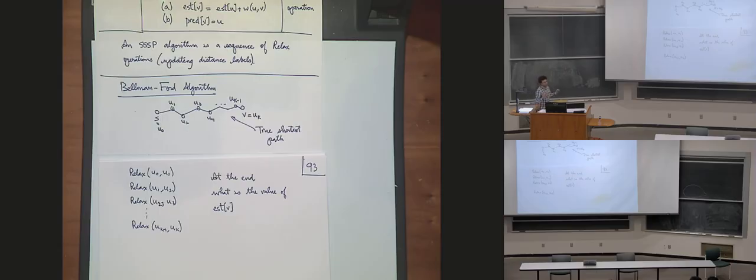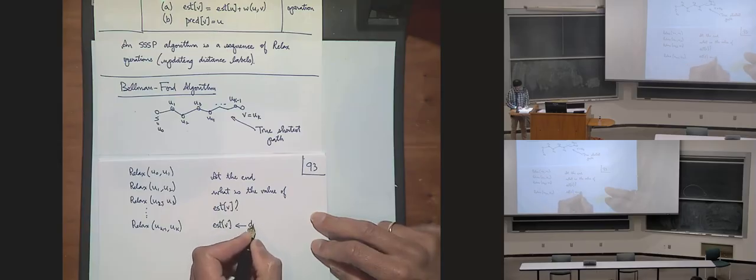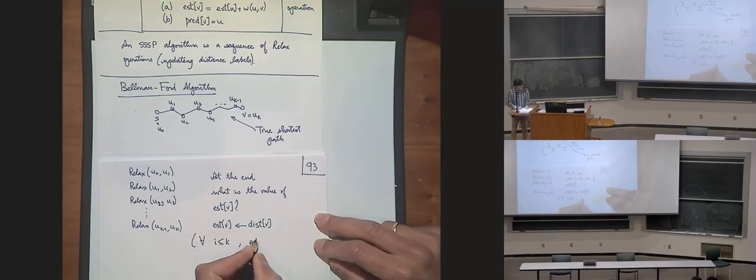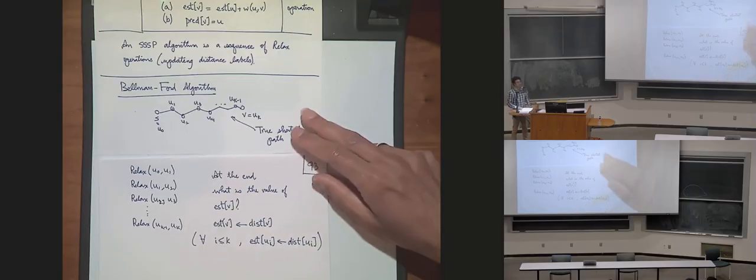So somehow if Bellman-Ford could actually follow the sequence of shortest paths, it would get it correct. Of course, you don't know what that sequence is, which is the whole problem. But what is the value of S to V? Actually, the estimate of S to V is going to be the true distance to V. Moreover, for all i less than K, the estimate of S to Ui is going to be the true shortest path.